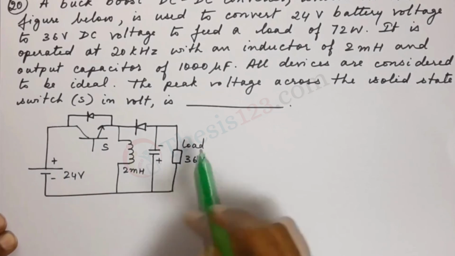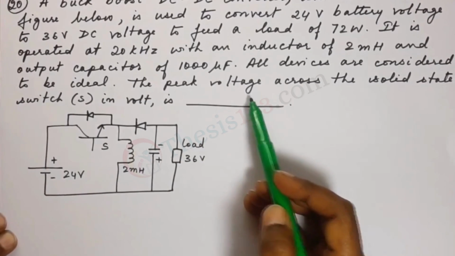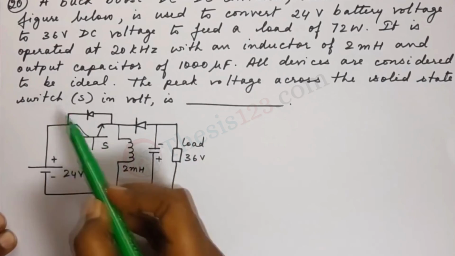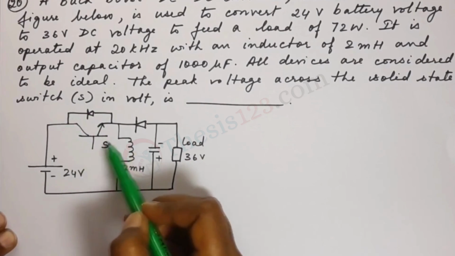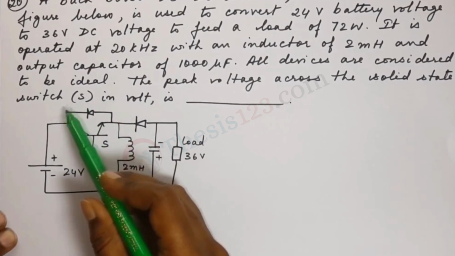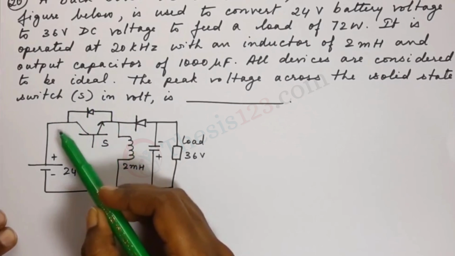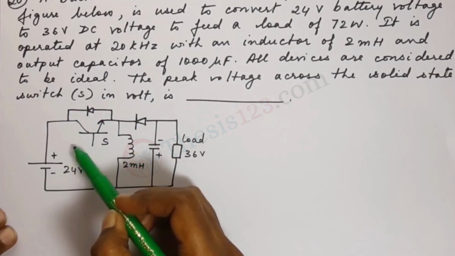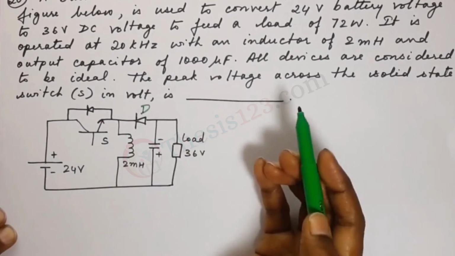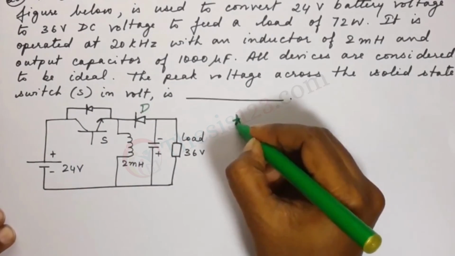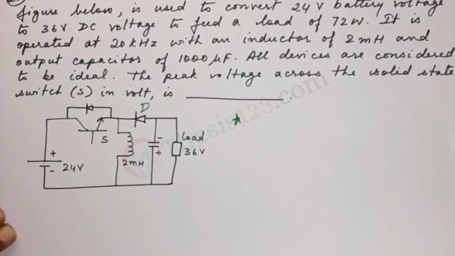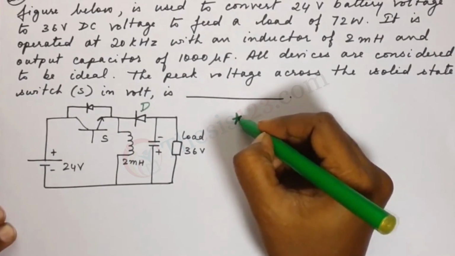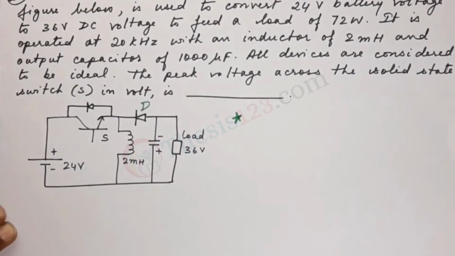But the question talks about the peak voltage across the solid state switch S. Now, the peak voltage across this is when the switch S is turned off, because when the switch S is turned off, the diode D turns on. See, those are the basic points that will help you solve your problem.